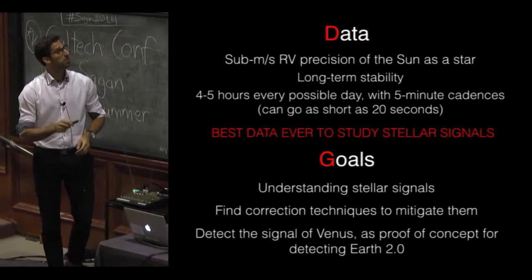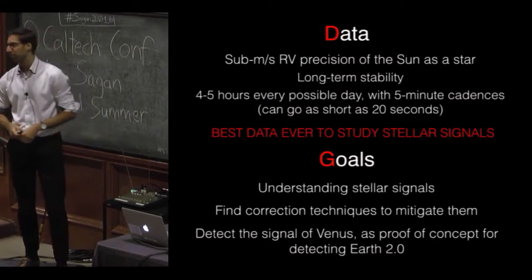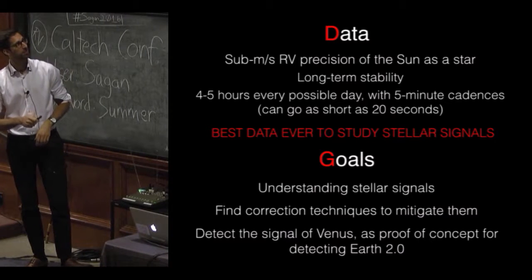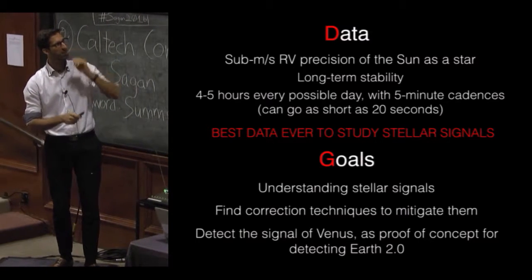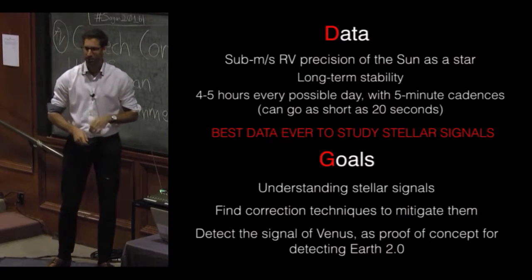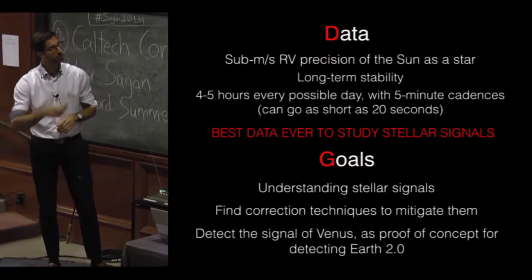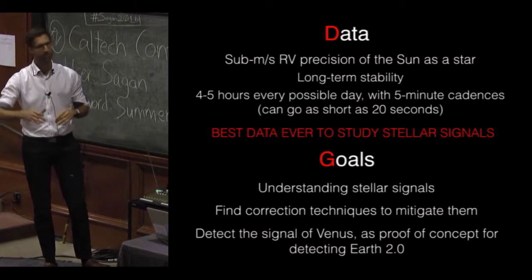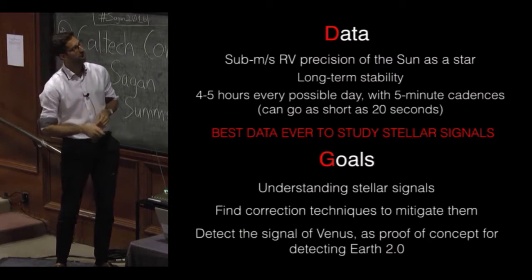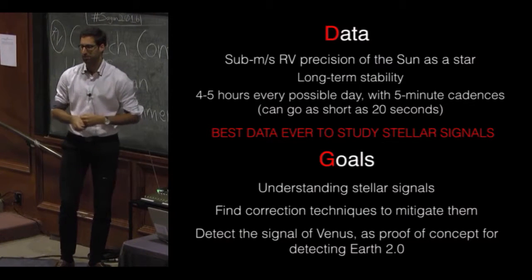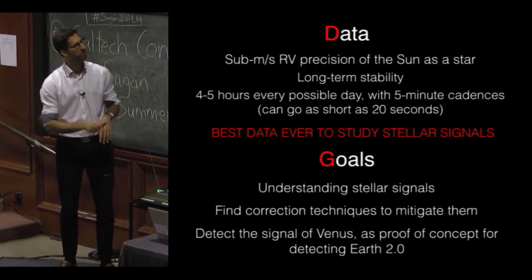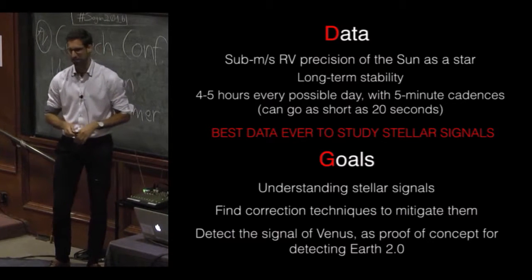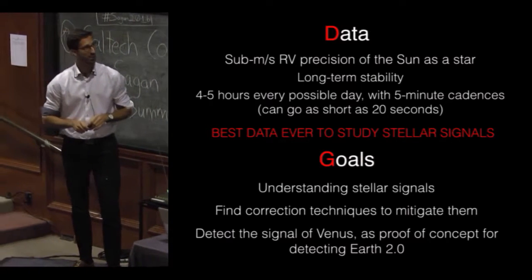So just a small summary, the data that we have from this solar telescope, so sub-meter per second radial velocity precision. We have the long-term stability of HARPS, which is about 1 meter per second over several years. We have 4 to 5 hours of observation every day. So I think that at the moment, this is really the best data set that we have to study stellar signals.